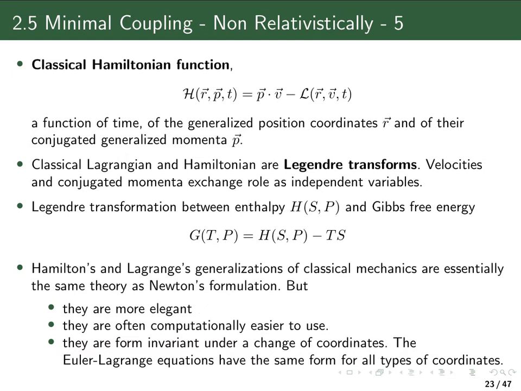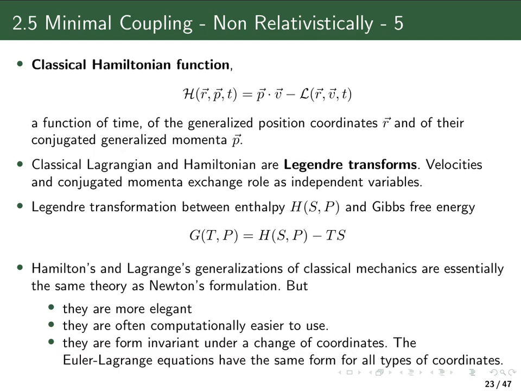They're often computationally easier to use. And why is that? Well, the point is, what I already mentioned before, Newton's second law is only valid in this form if you're working in Cartesian coordinates. And Cartesian coordinates are not always the easiest system of coordinates to use.